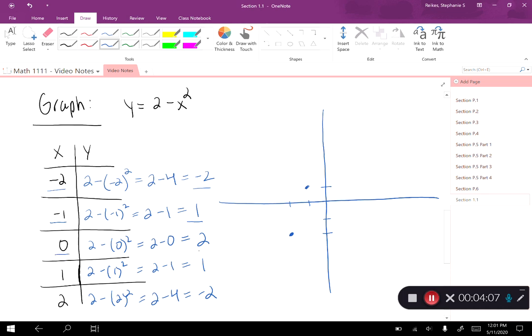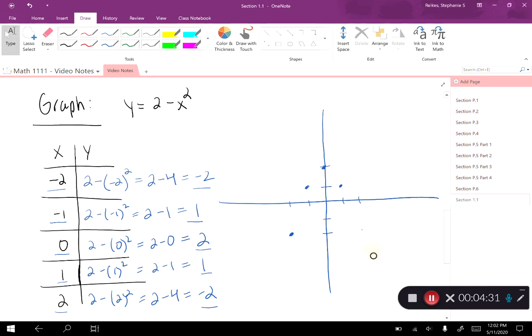Next I have 0, 2, so 0 left and right, but up 2, I'm on the y-axis. Next, I have 1, 1, so that's to the right 1, up 1. And then last but not least, 2, -2, so that's to the right 2, down 2.